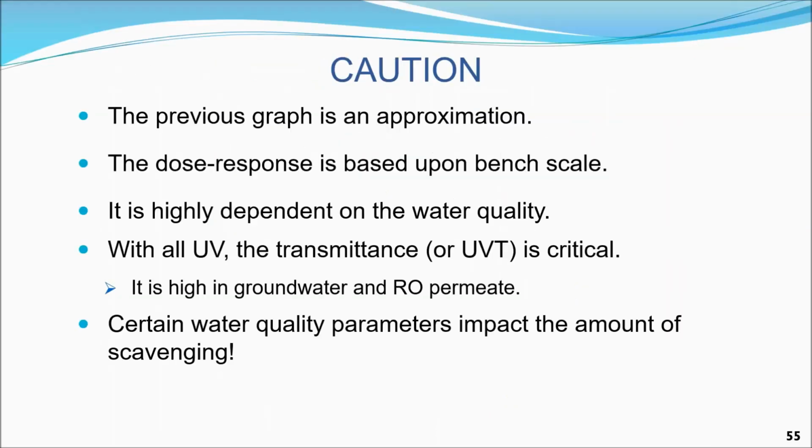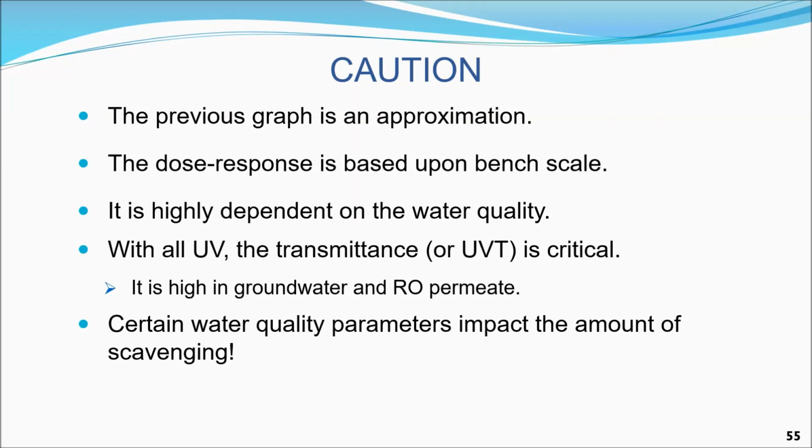Now, just a word of caution. Personally, the graph that I previously showed is an approximation. I wouldn't use it for design. It was based basically on bench scale tests, and my experience with UV at bench scale, especially advanced oxidation, is that it's probably on the high side, very conservative.